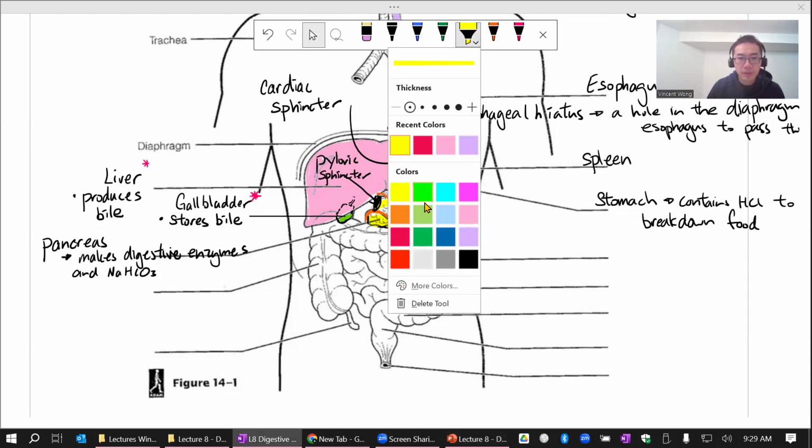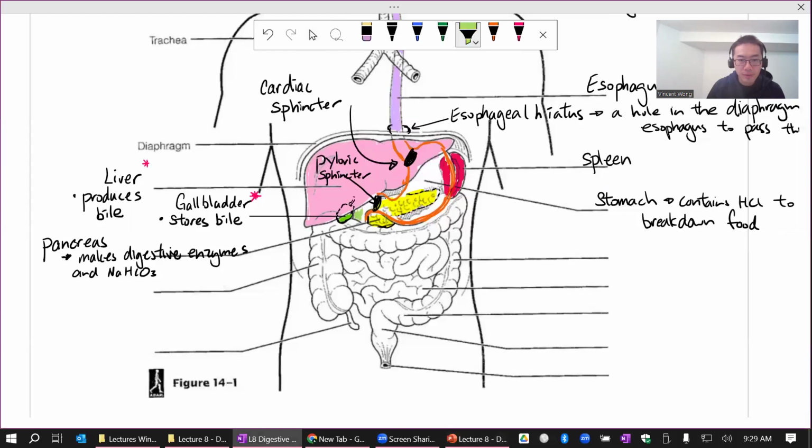Let me try to use a different shade of green here to show. So that's the first part, directly connected to the stomach. You can't really see it, but you have to believe me. It's going to be behind the large intestine right there. It's going to go behind it, and that's the first part of the small intestine.